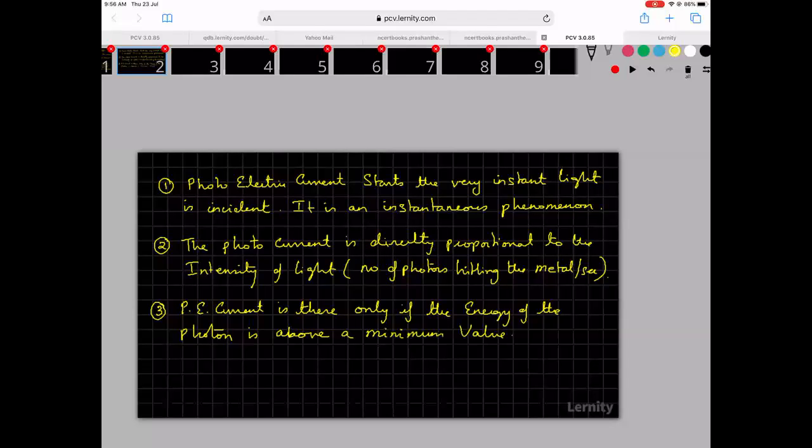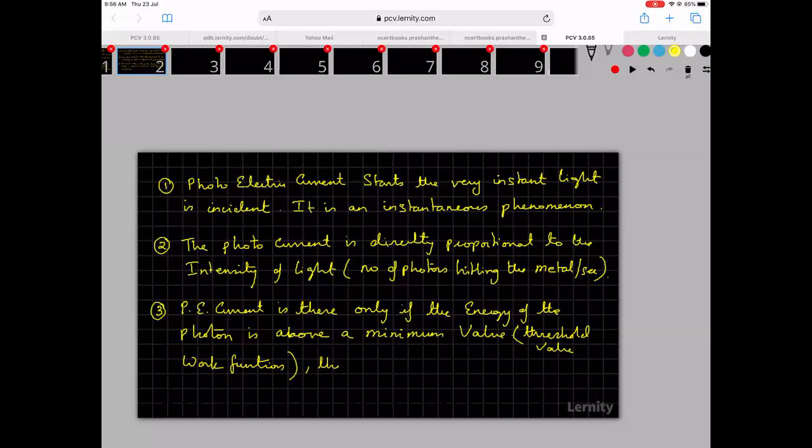For all light, there is no photoelectric current. Only if the energy of the photon is above a minimum value. This minimum value is called the threshold value, referred to as the work function. Photoelectric current is there only if the energy of the photon is above a minimum value.